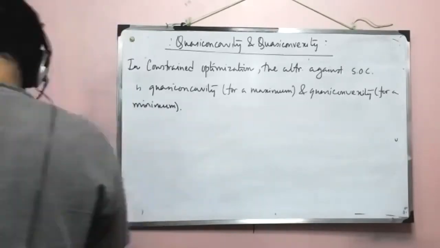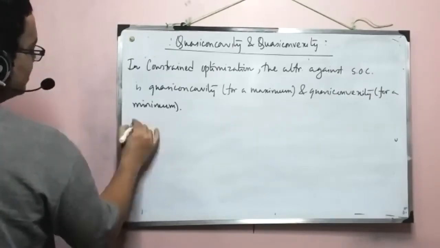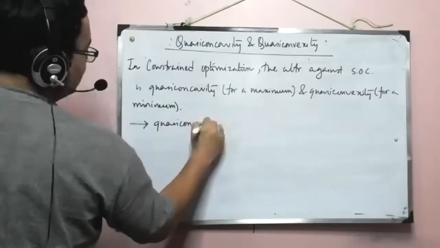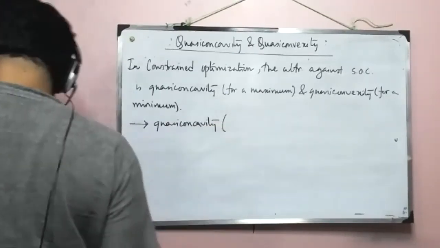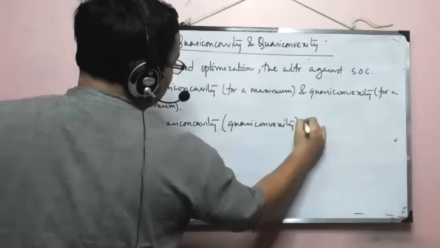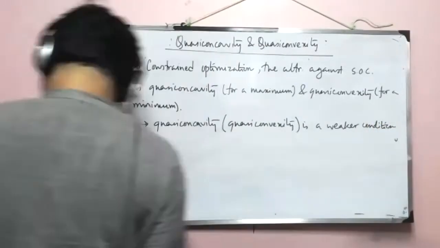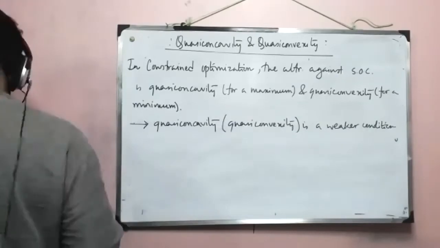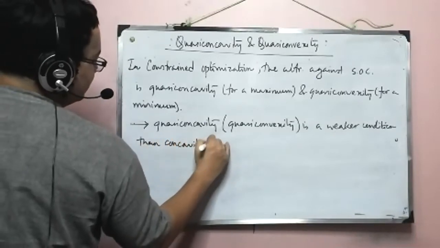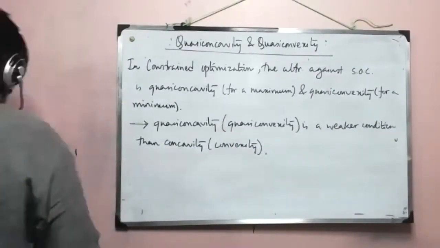Now, one thing that we have to understand before we move into the definition is this: quasi concavity, or quasi convexity in the bracket, is a weaker condition than our favorite concavity or convexity. Why is this so?